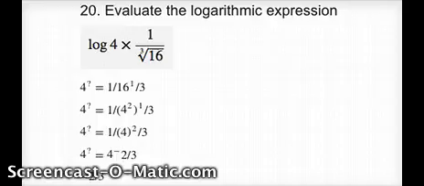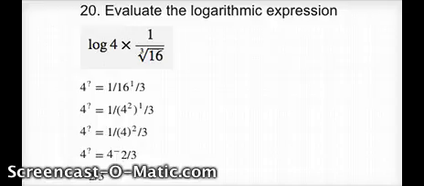And with this, you're going to end up with 4 to the something power equals 1 over 4 squared to the 1/3 power. Then you're going to take the exponents and combine them. So you have 4 to the something power equals 1 over 4 to the 2/3 power.